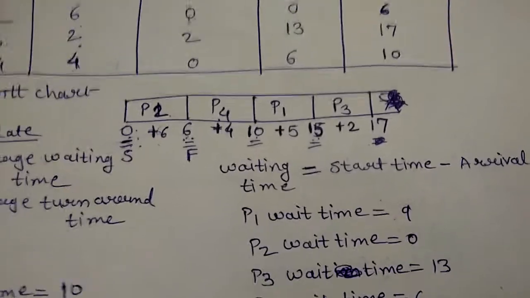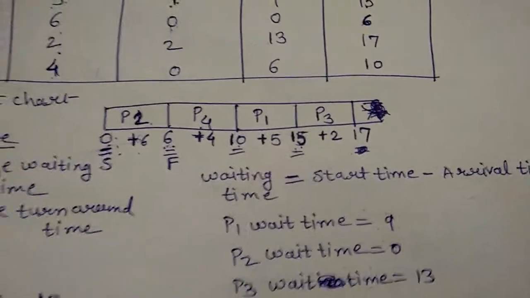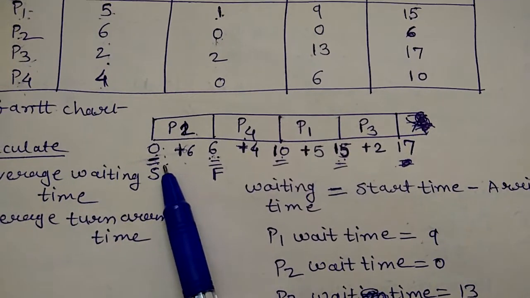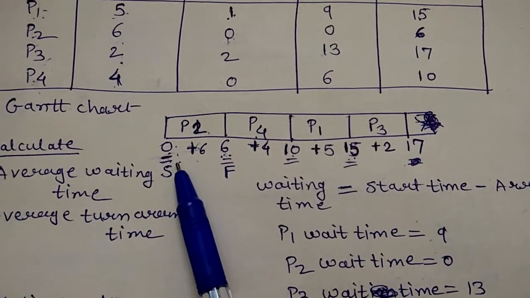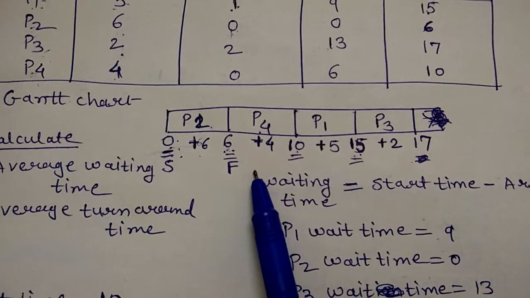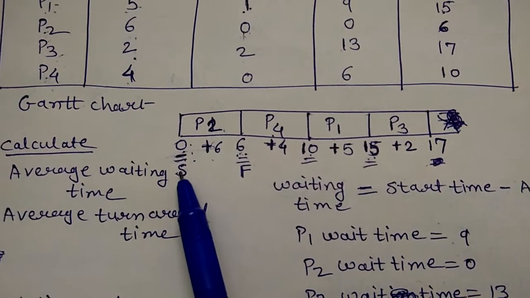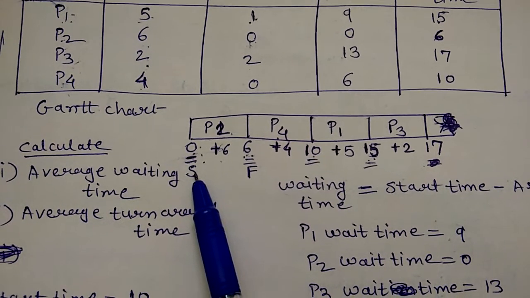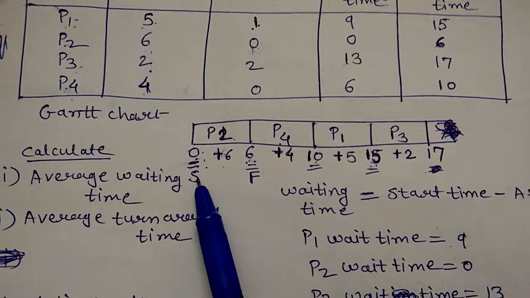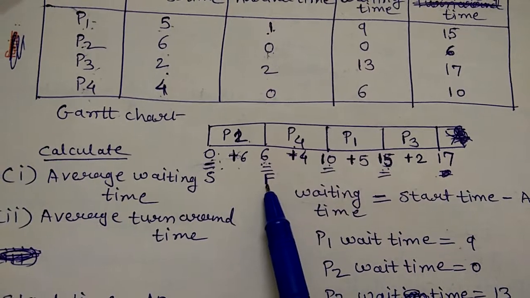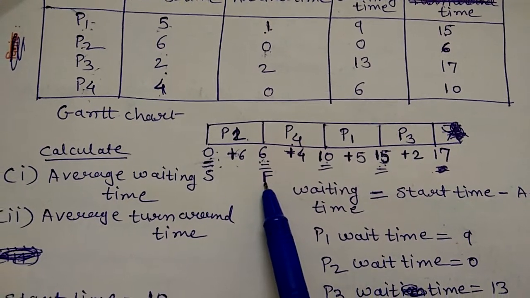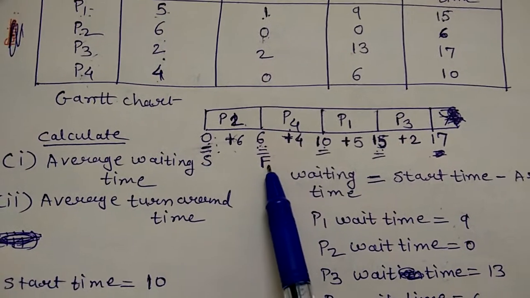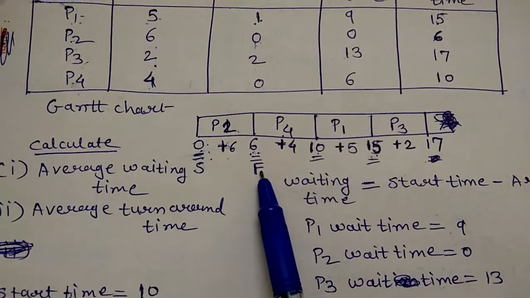Now, this Gantt chart describes the start time of the process and the finish time of the process. That means the time at which the process starts its execution and the time at which the process finishes its execution. So this is a starting time and this is a finish time.